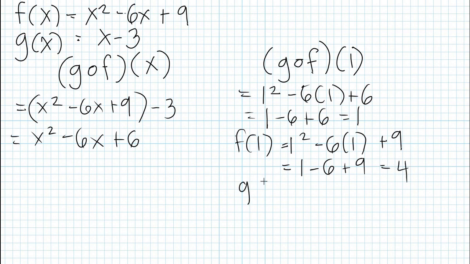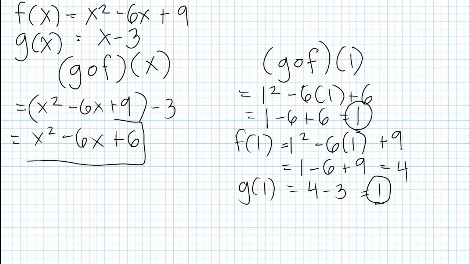And now let's try g of 4. That value inside of g should be 4. So that's 4 minus 3 equal to 1. And that means that the value of g of 4 is 1. So our answer is correct, and the function we got is also correct.